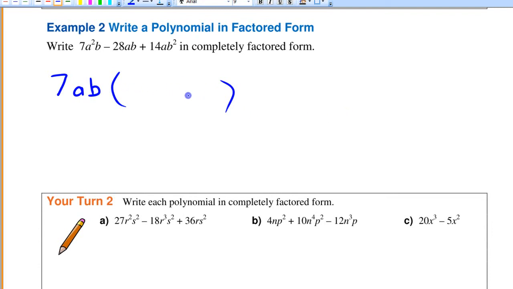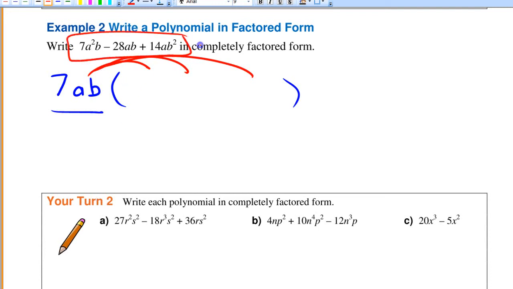If you're looking at what is left over, as in what would you have to multiply this by? If we're going to break it down, we're going to break it down into a single term times a polynomial here. And the polynomial is what needs to be in those brackets, that if you multiplied it out, you would get this.